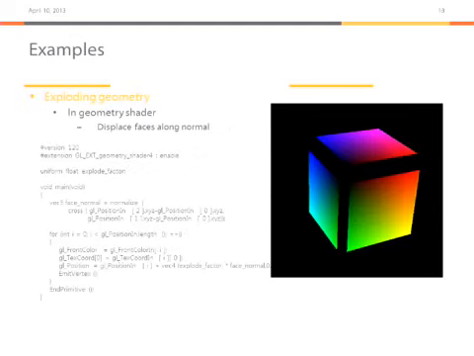So an example of why the geometry shader could be useful. For example, we want to do some exploding geometry. So the very simple principle is we just displace the face along its normal according to some value. So if this is some weighting value, we can compute the face normal by, here you can see these are the positions.